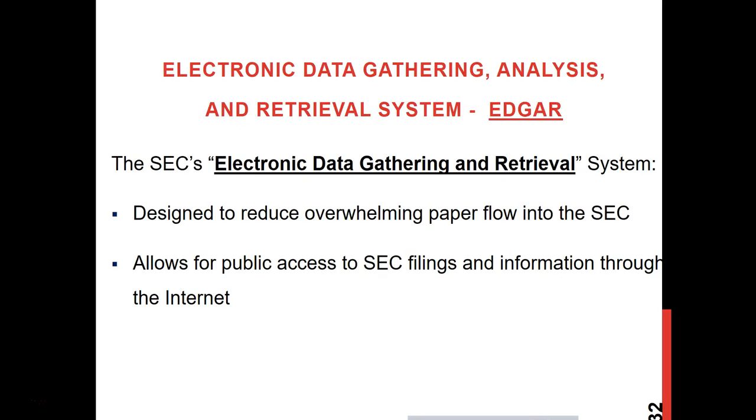Now the last item is about the Electronic Data Gathering and Retrieval system, which is also known as the EDGAR system. Basically the SEC started electronic data gathering in 1984. They developed an electronic data gathering system, and gradually it was developed, and now it is a great, technically advanced system where all public companies file their financial reporting, 10-K, 10-Q, 8-K, and proxy statements, and they have a specific form.